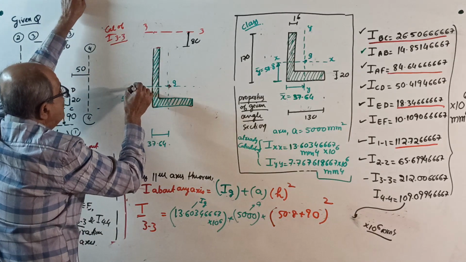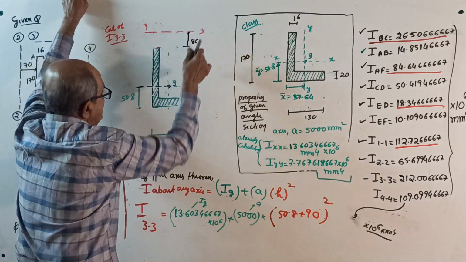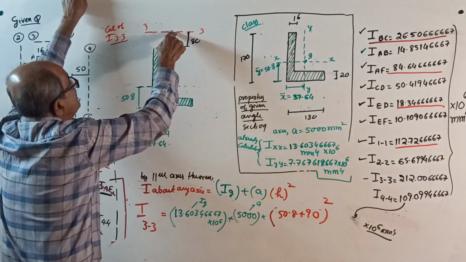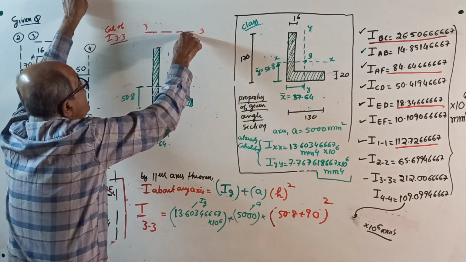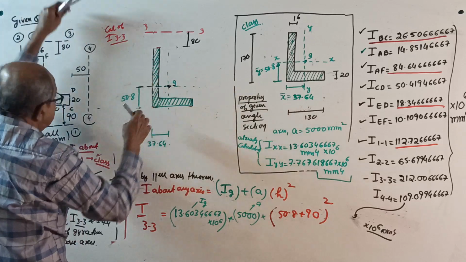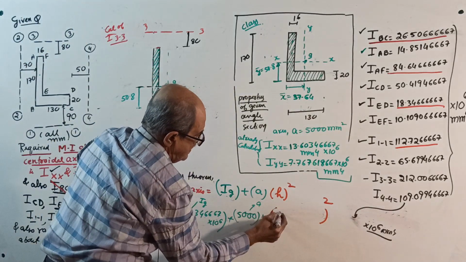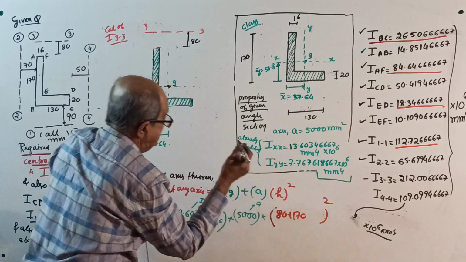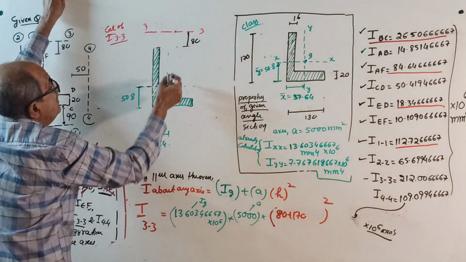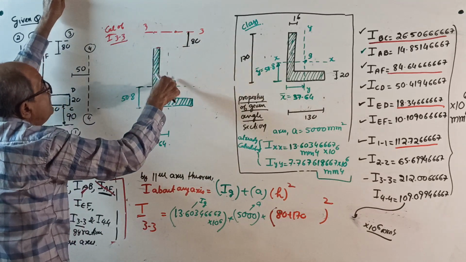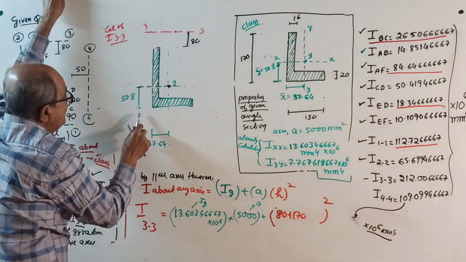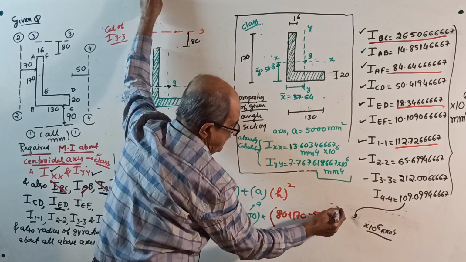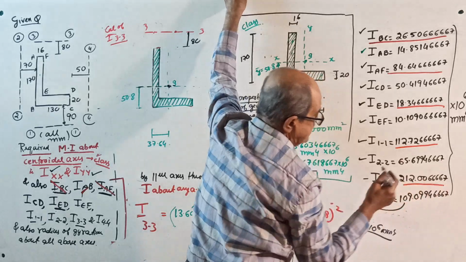First, I about its own axis parallel to 3,3. Property: area into the distance from centroid to this axis, square. This is 80 plus full 170. 80 plus 170 will give you from here up to here. We want this distance square, which is 80 plus 170 minus 50.8, whole square. You will get I33 answer also.